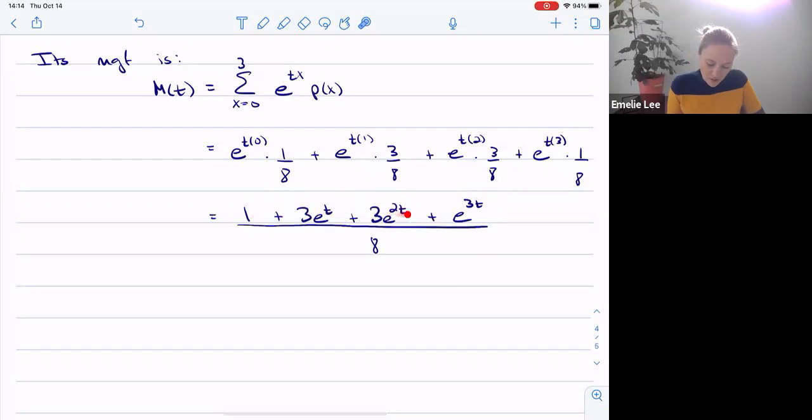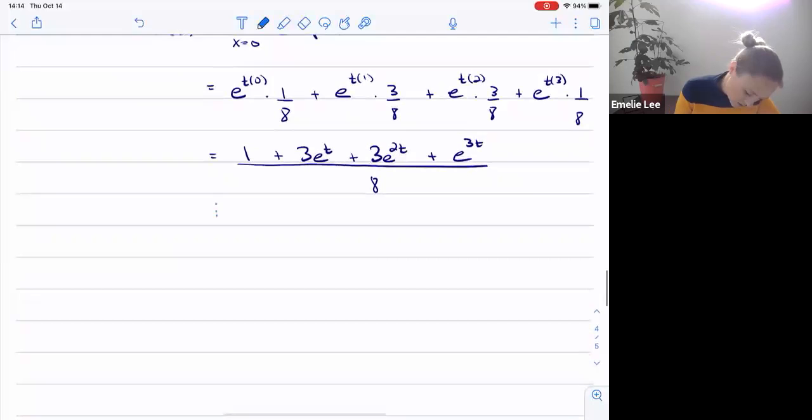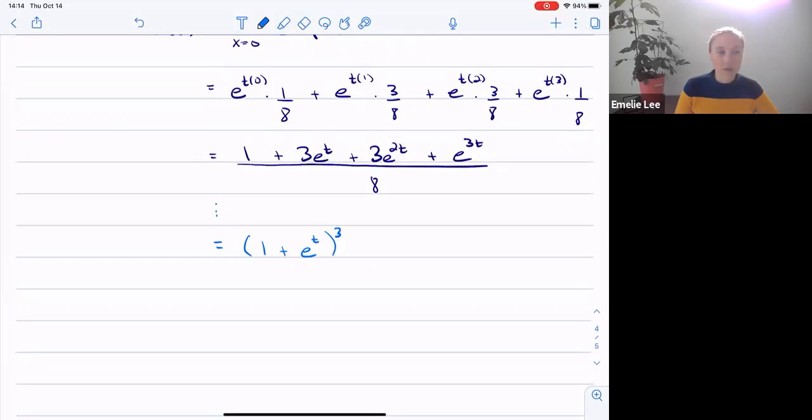It might be nice to recognize that if you have 1 and then 3 and then 3 and then a coefficient of 1 again, then this becomes, and I just want to show that it's not obvious, but it makes it easier to work with if we rewrite it as 1 plus e to the t to the power of 3 and then over 8.